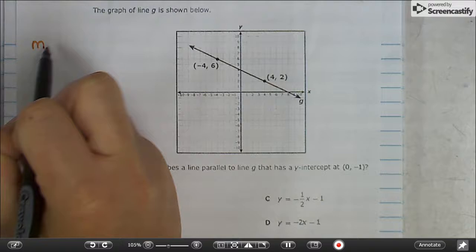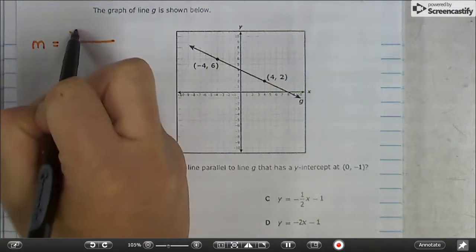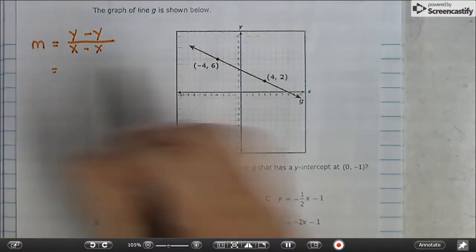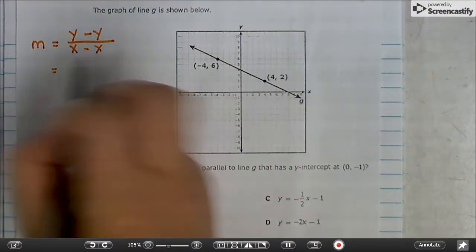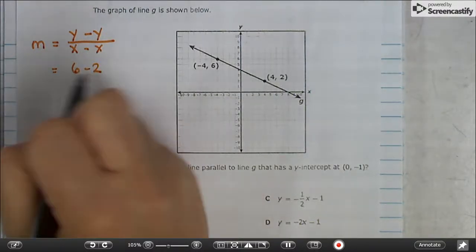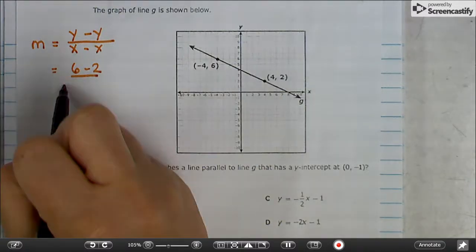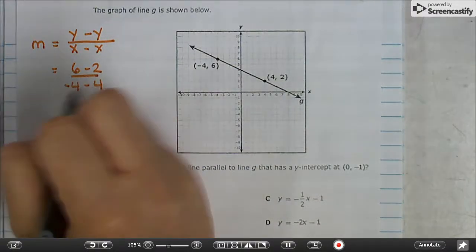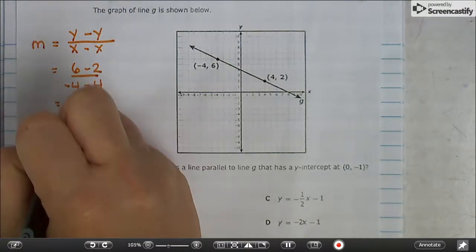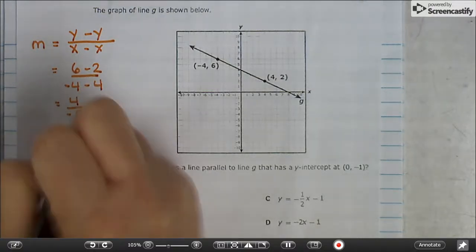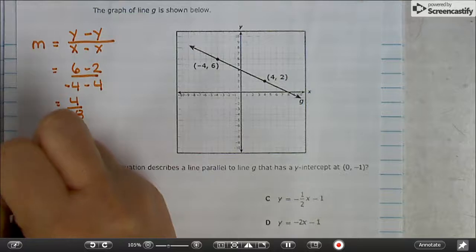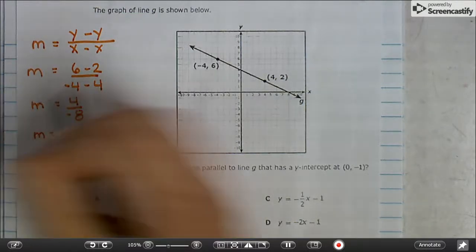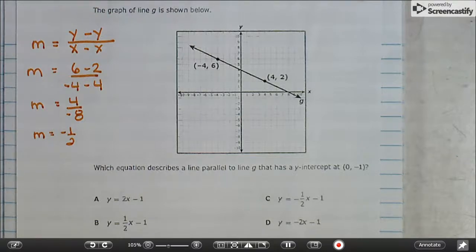I'll do the slope formula again just in case any of you need more. So y is 6 and 2, so 6 minus 2 over negative 4 minus 4 for the x's. That equals 4 over negative 8, and that simplifies to negative 1/2. So the slope of that is negative 1/2.